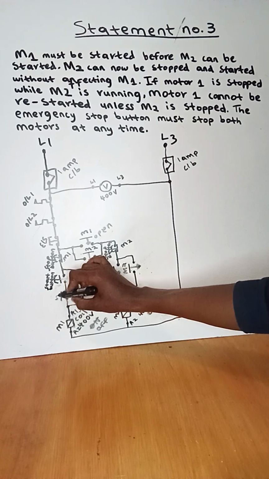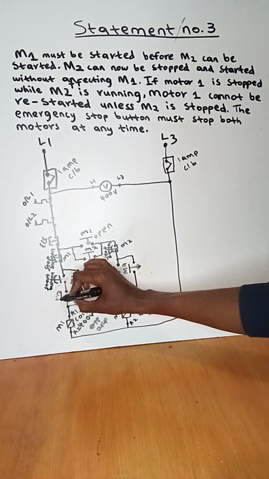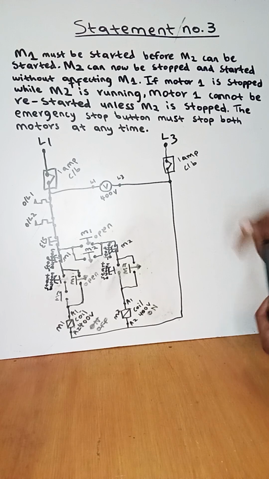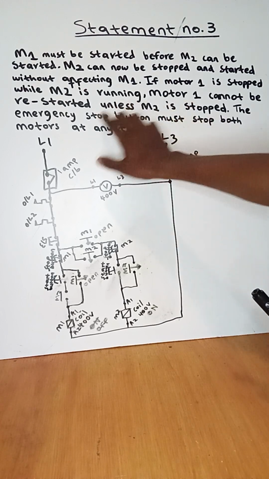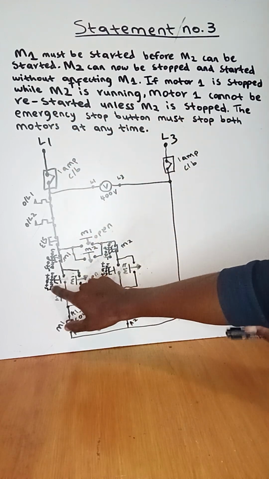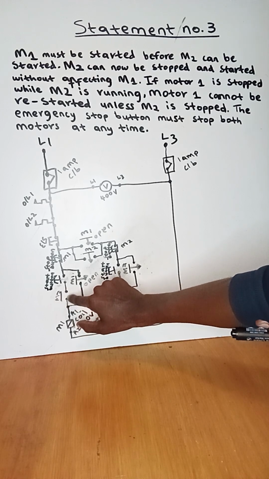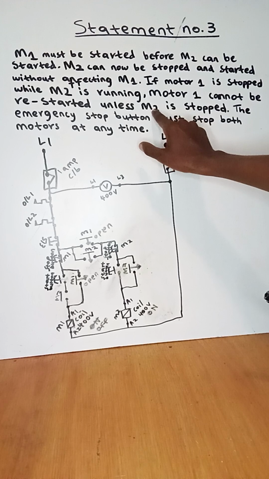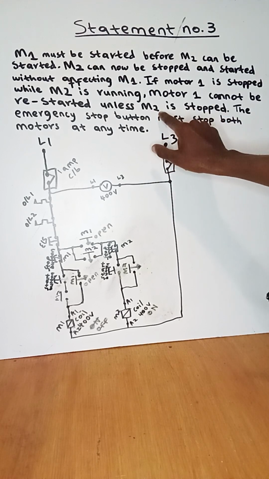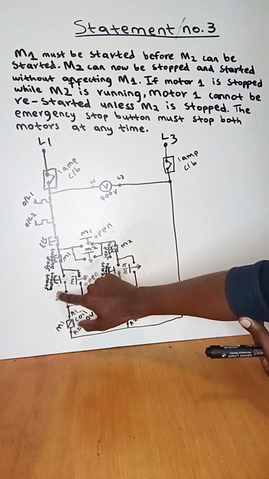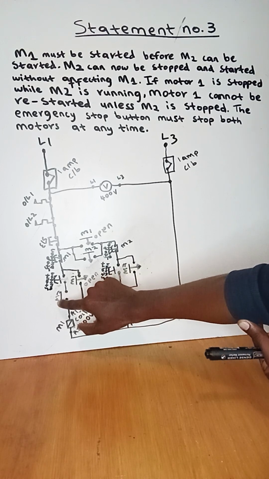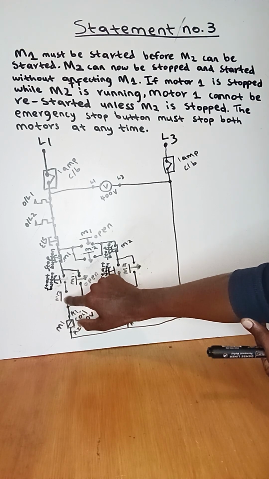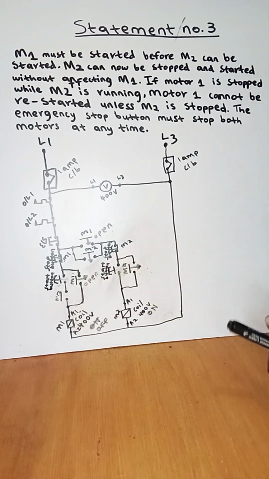So the contact must disturb the start button of motor 1 with a normally open contact unless the contact of motor 2 is triggered, which means the normally open contact is for motor 2.